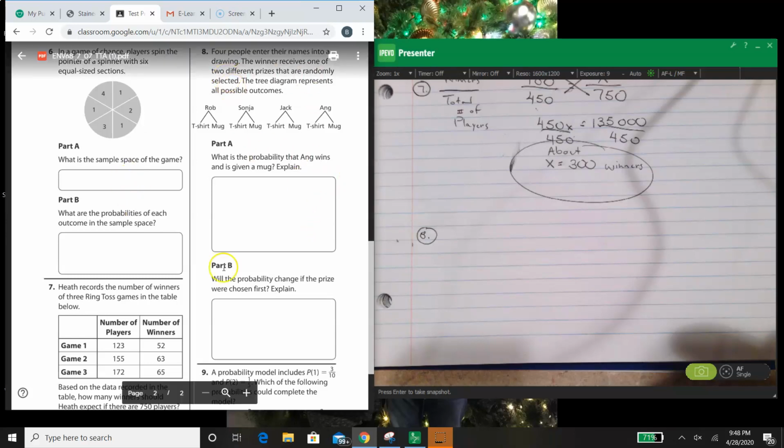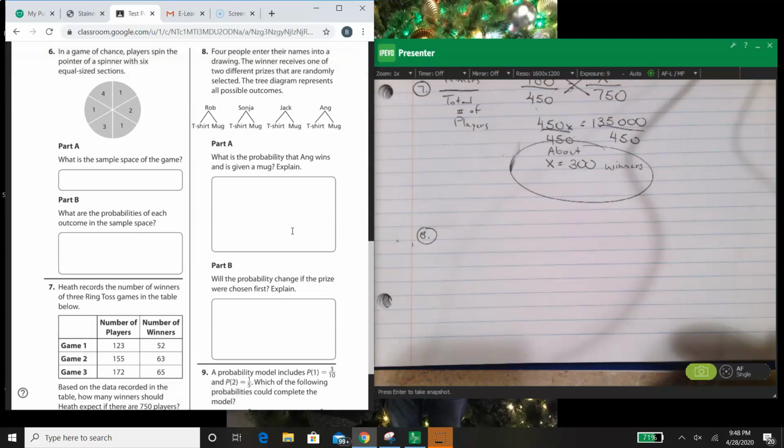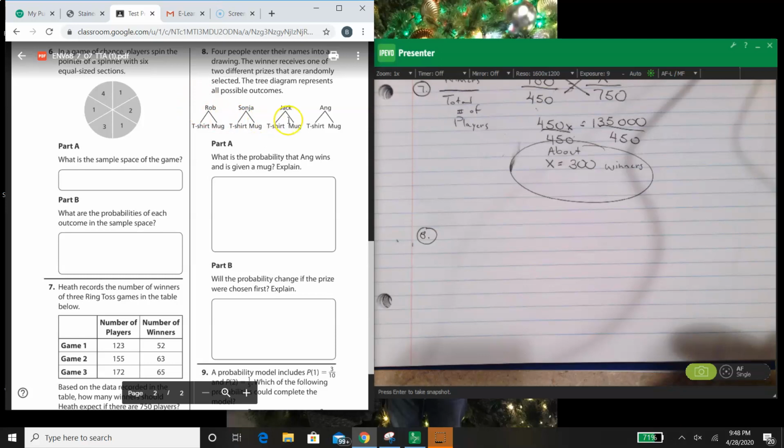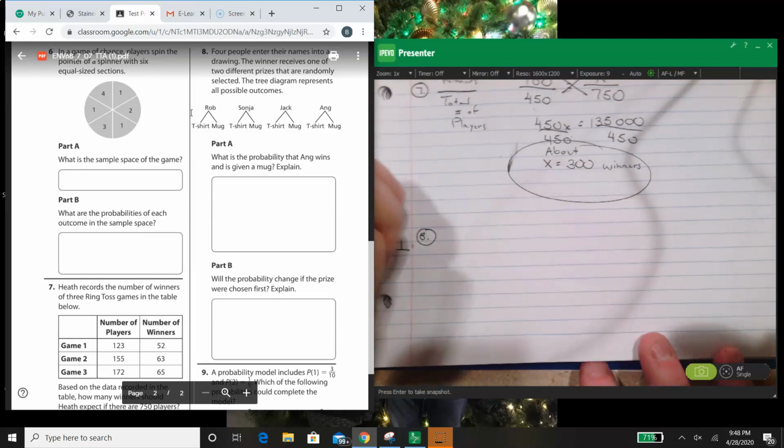So again, if I'm looking at probability here, well first, what's the probability that Angie wins? Well, the probability that Angie wins, guys, there's 4 people. Angie's one of them. It's like if I had 4 names in a hat and I pick one of those out. Well, that probability would be 1. This is not the answer, by the way.